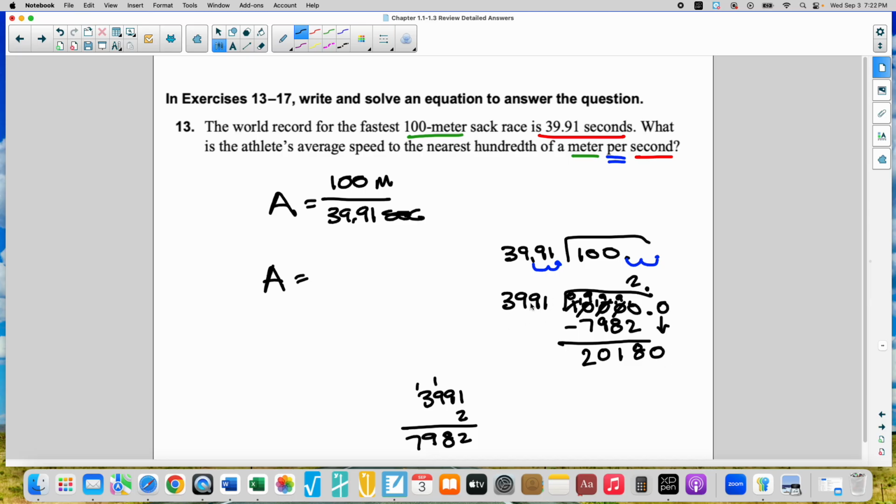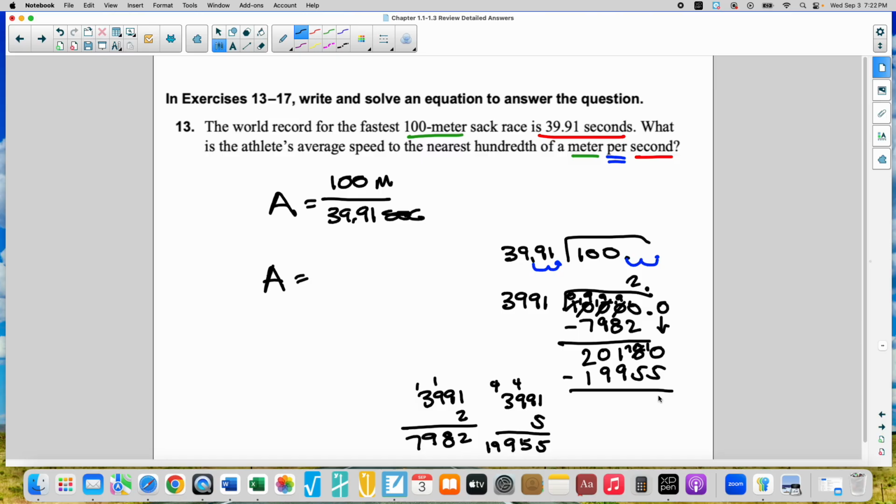20,180. So what's that going to be? That's going to be like 3,991 times 5, maybe? So 5 times 1 is 5. 5 times 9 is 45. 5 times 9 is 45 plus 4 is 49. 15 plus is 19. So yeah, that's pretty close. 19,955. Subtract. Can't take 5 from 0.